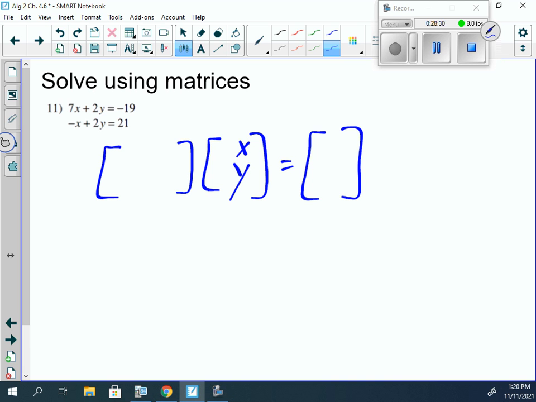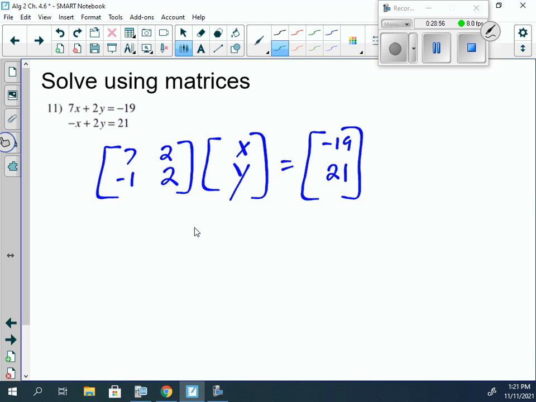The middle one is going to be XY. Our coefficients are going to be 7, 2, -1, and 2. And what it's equal to is -19 and 21. Any questions on this here?